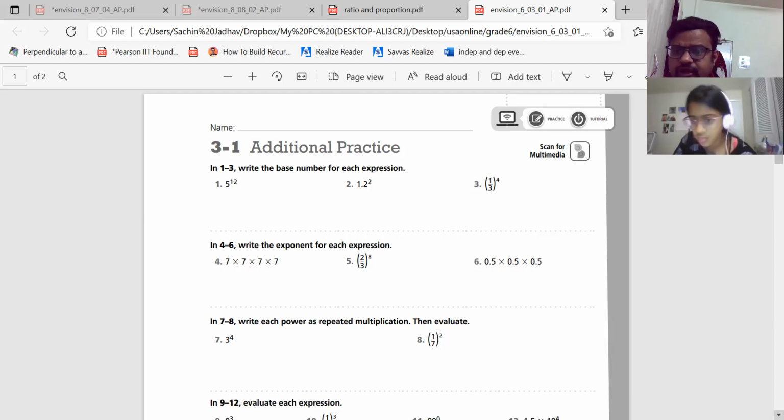Which one are you doing right now? I am doing the third one.